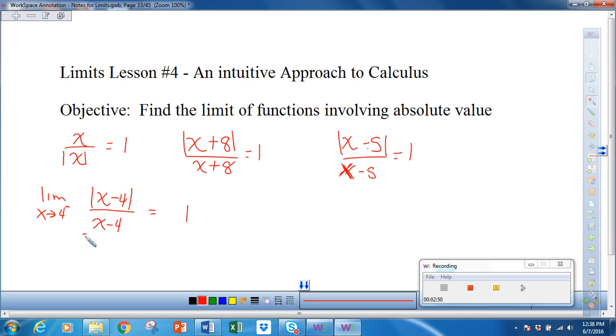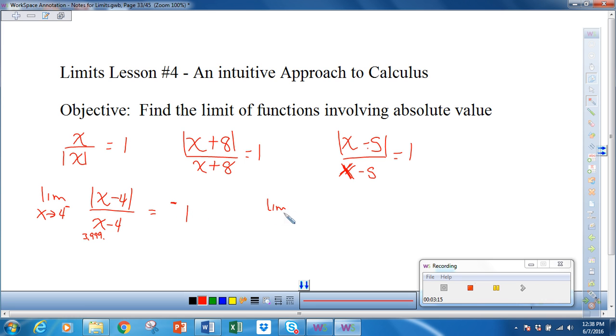I'm choosing like 3.99999. So if I do 3.999, less than 4, minus 4, I get a negative number. But on the top, that number is going to be positive, because it's an absolute value symbol. So this would be negative 1.